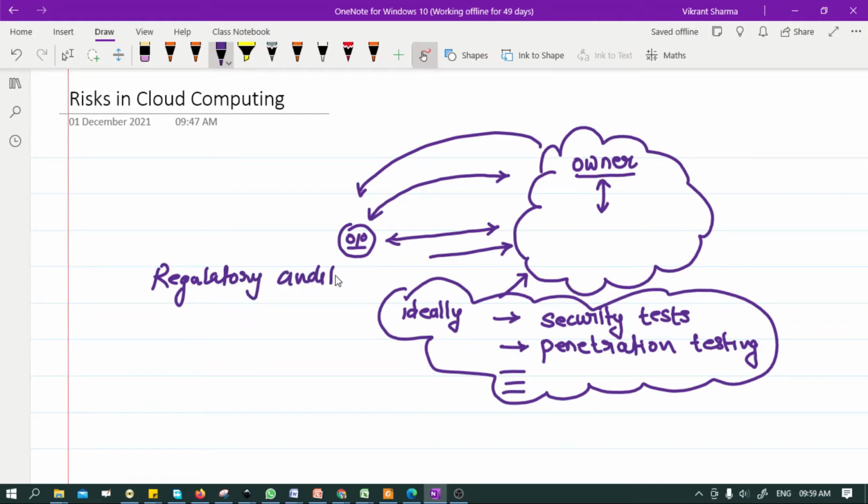Whenever the regulatory audits exist, you can provide all those reports to the auditors, just to make sure how secure the cloud is.